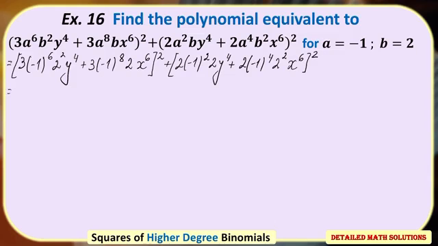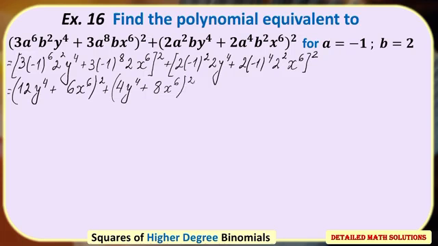When I simplify further, I get 3 times 1 times 4 is 12 y to the 4th power, plus 3 times 1 times 2 is 6 x to the 6th power, in parentheses, squared, plus 2 times 1 times 2 is 4 y to the 4th power, plus 2 times 1 times 4 is 8x to the 6th power, in parentheses, squared.